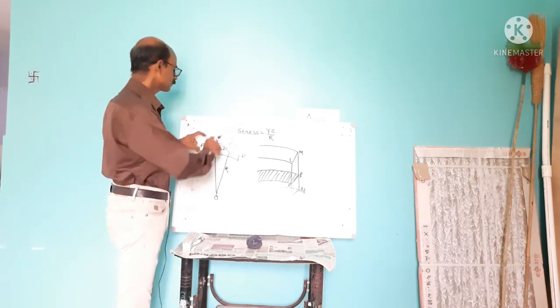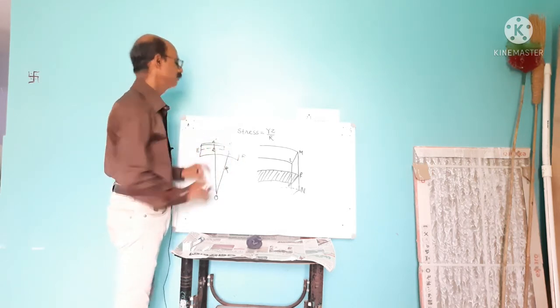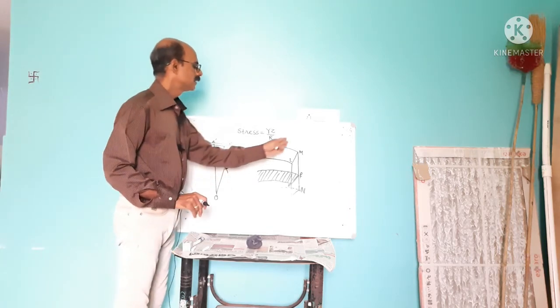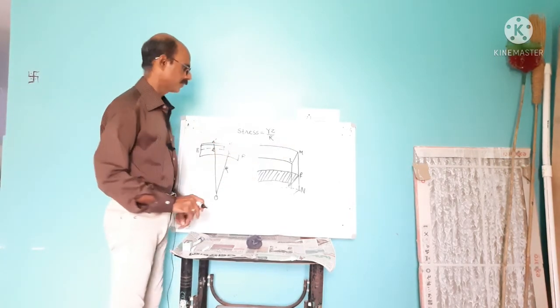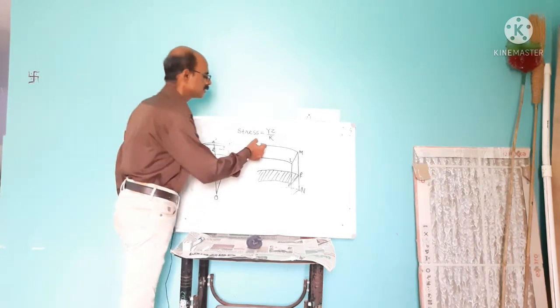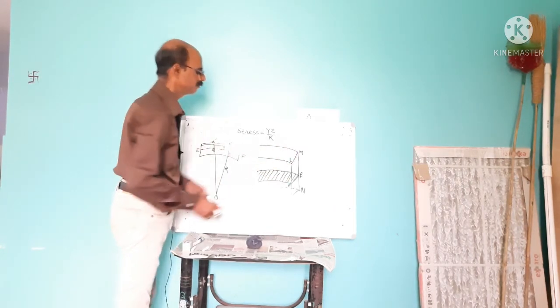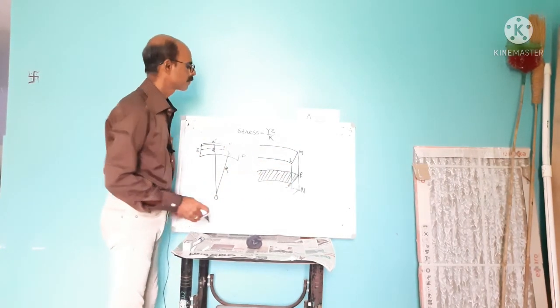Now consider this rectangular beam and just take a section of it. This section of rectangular beam looks like this.